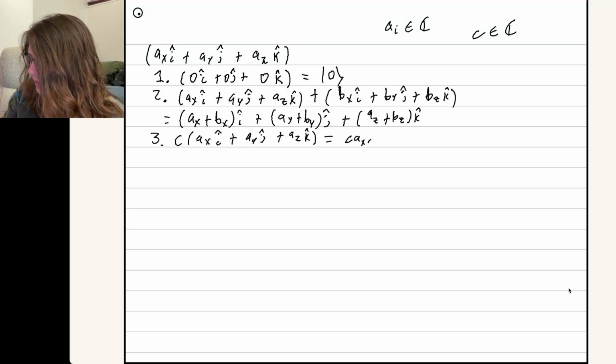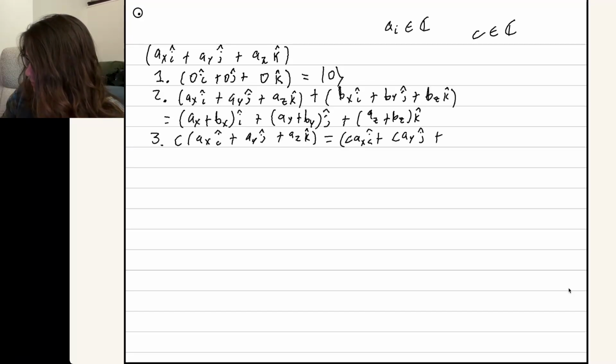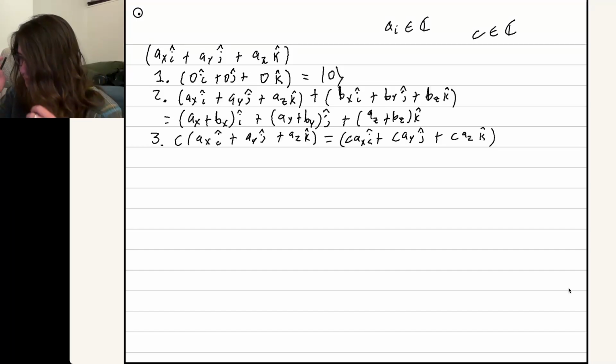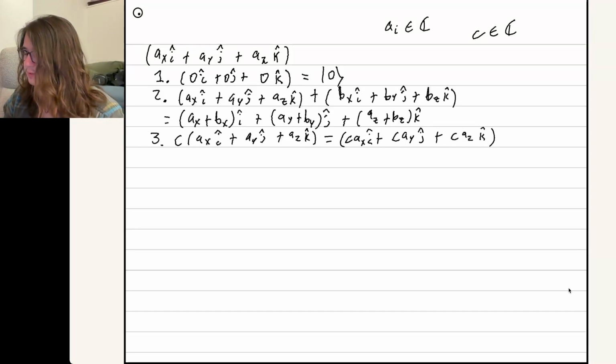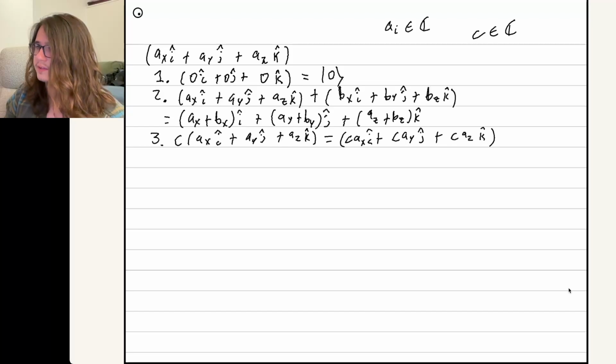So it'd be c ax i hat plus c ay j hat plus c az k hat. And c times a complex number is still going to be a complex number, so that is also in the vector space. So this is a good vector space.